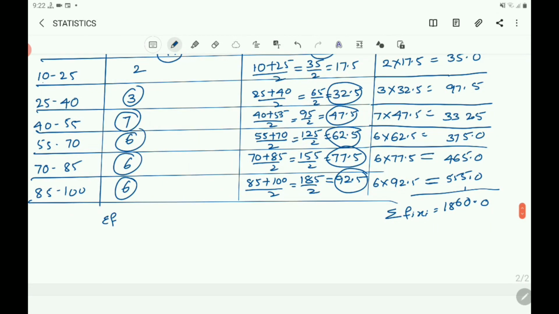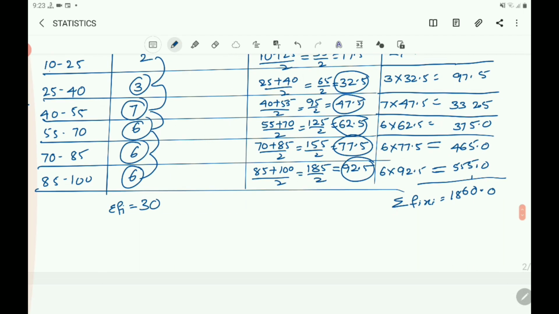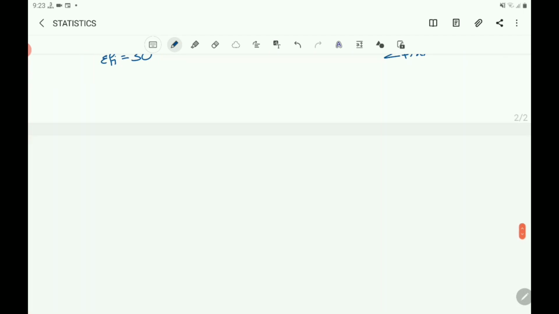sigma Fi is the sum of all the frequencies that you know already, that is 30. 2 plus 3 is 5, 5 plus 7 is 12, 12 plus 6 is 18, 18 plus 6 is 24, 24 plus 6 is 30. So again use the formula x bar equals summation of Fi Xi by summation of Fi, that equals 1860 divided by 30.